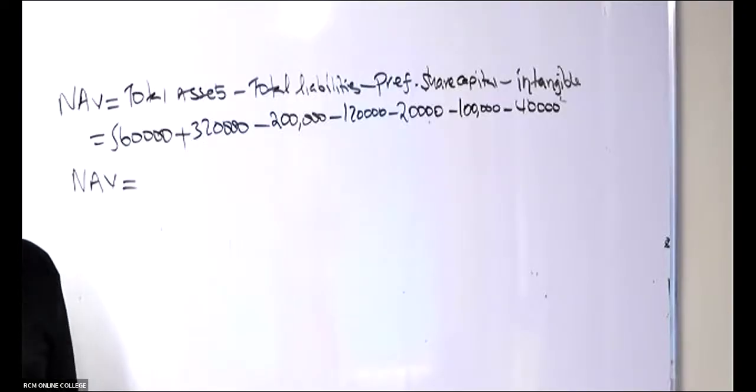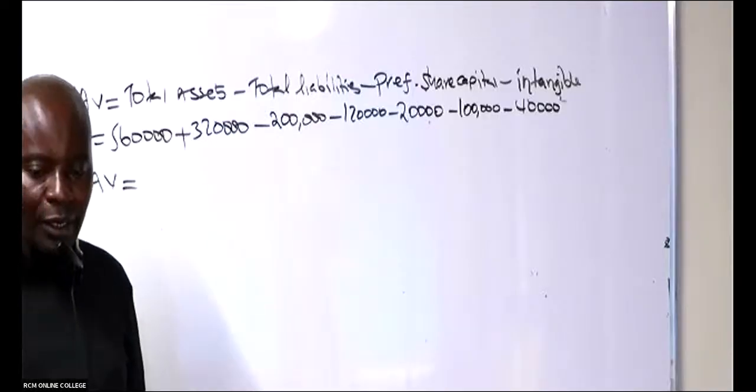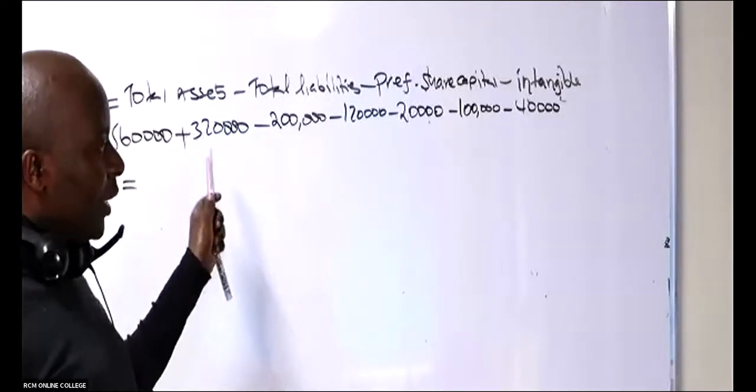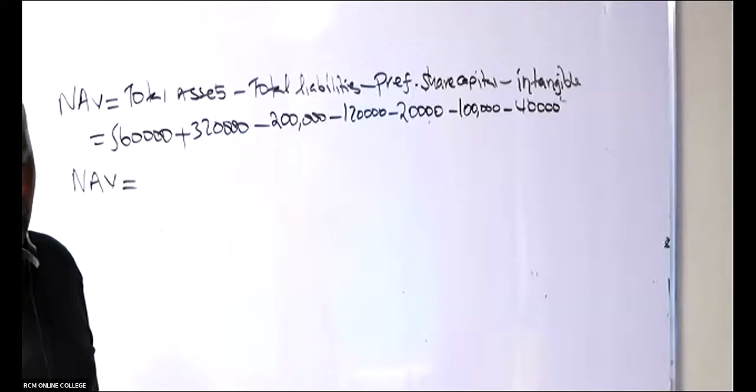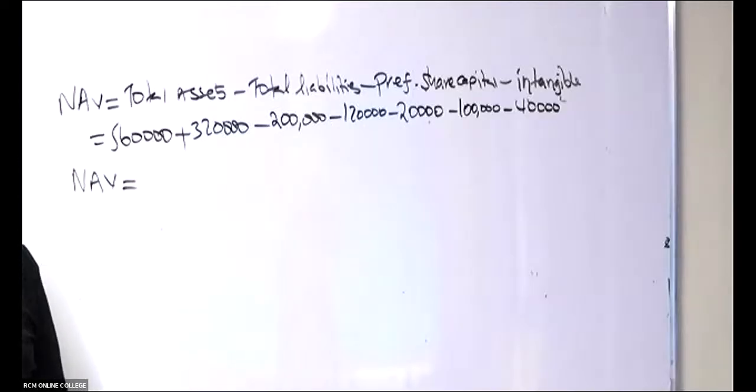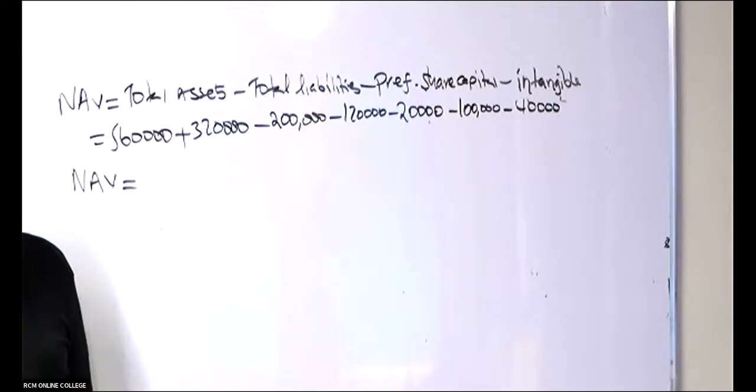It should be around 400,000. Let's be keen, not unless there is something you have left out. It's 400,000. Pius, go ahead and punch this again, to confirm that this total net asset value is 400,000.